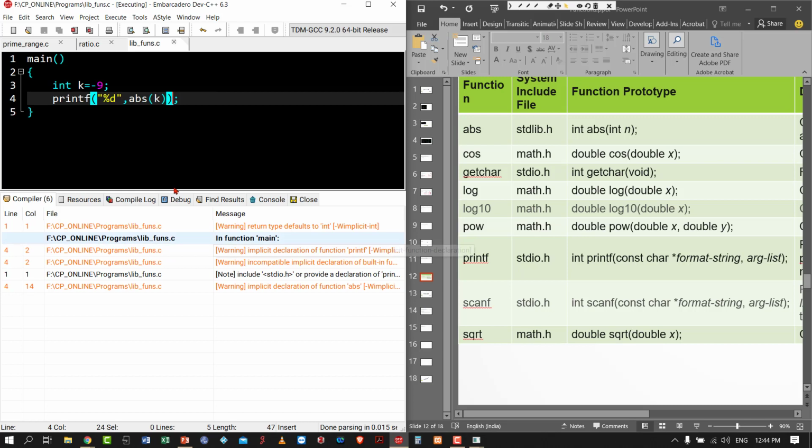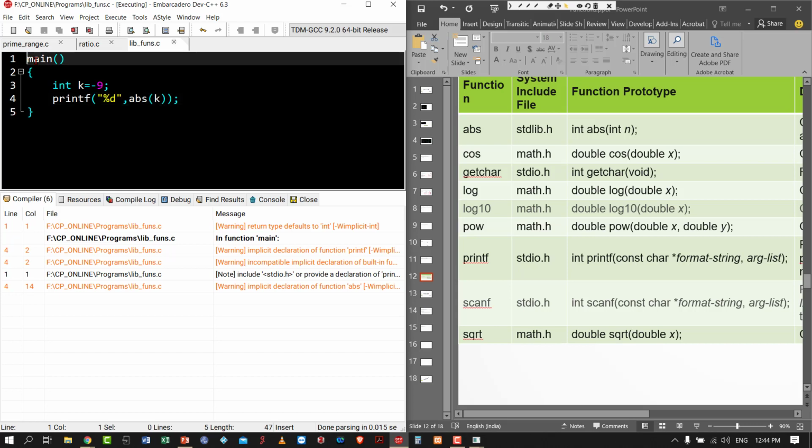Implicit declaration means the program automatically searches for that header file in the library. So actually, the good programming practice is to include these header files before the main. We have to include the header file. So here I am using abs of k.